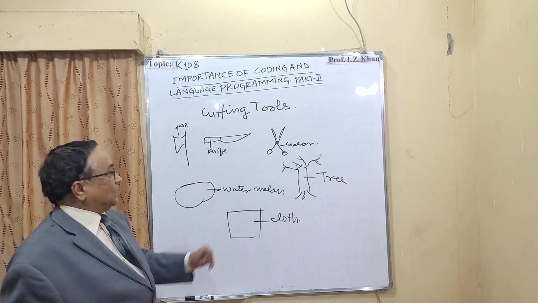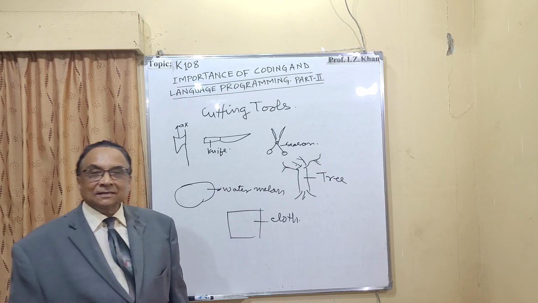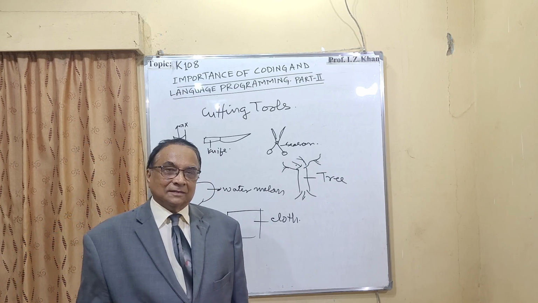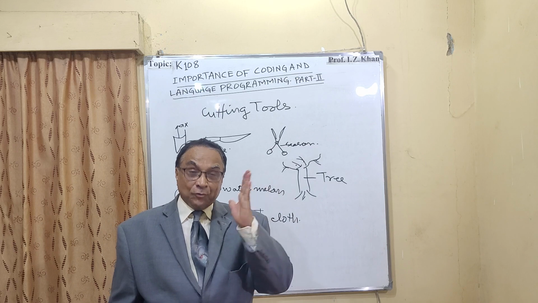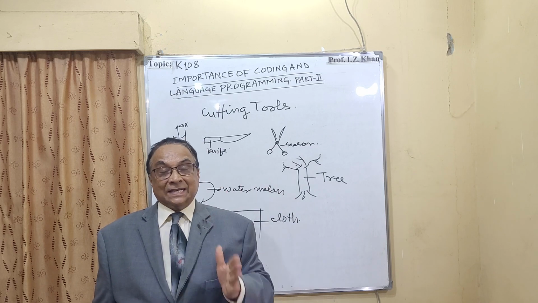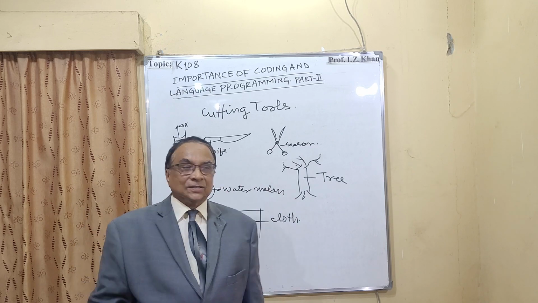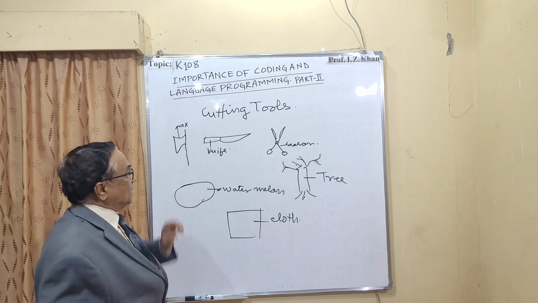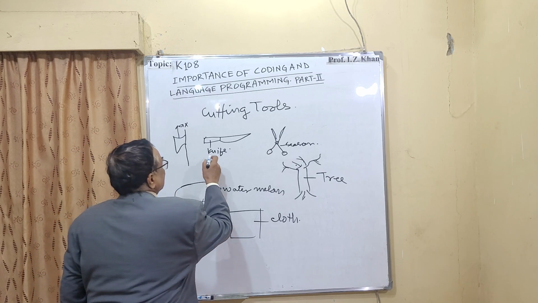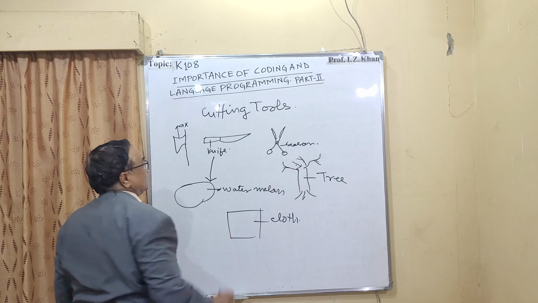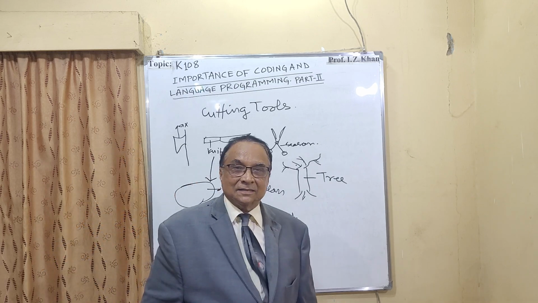Then second, if you bring a scissor, it cannot cut properly. But if you bring a sharp kitchen knife, very nicely you can cut the watermelon. So for the watermelon, the appropriate cutting tool is the knife, not the axe, not the scissor.